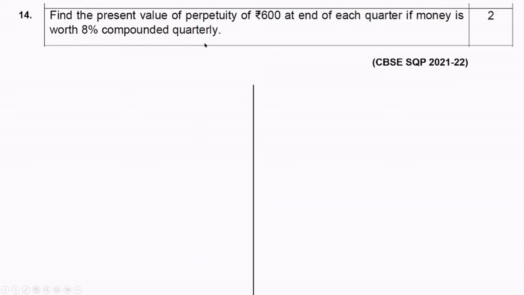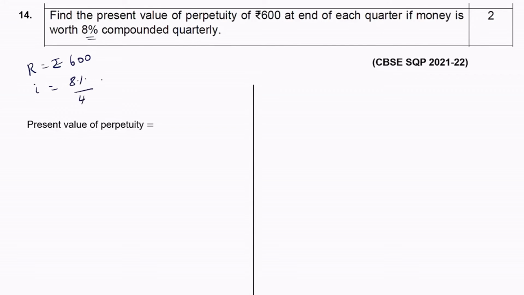Find the present value of perpetuity of rupees 600 at the end of each quarter if money is worth 8% compounded quarterly. So this is also a very easy question. Here R is rupees 600 and I is 8% compounded quarterly.